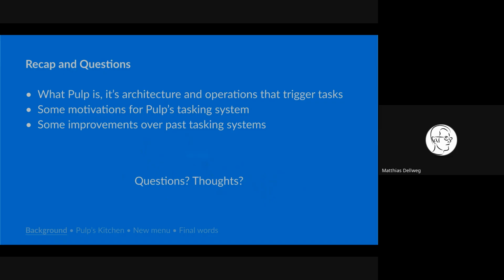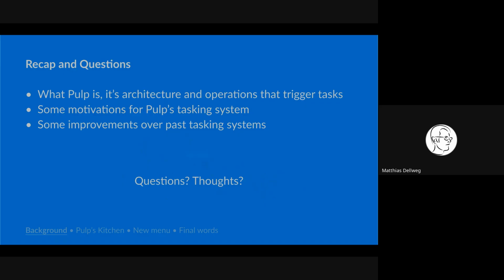Okay. Maybe just one remark. Your characterization of how I imagine the old tasking system worked is quite good. Oh, great. To be fair, the problem was not primarily RQ itself.